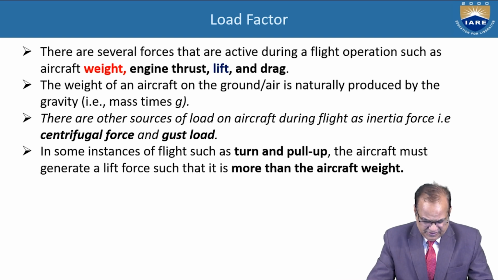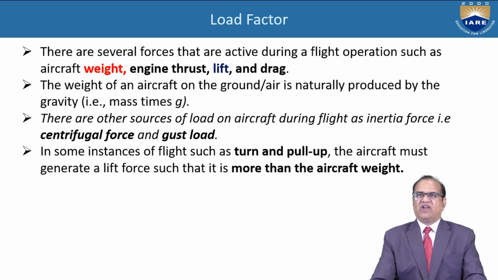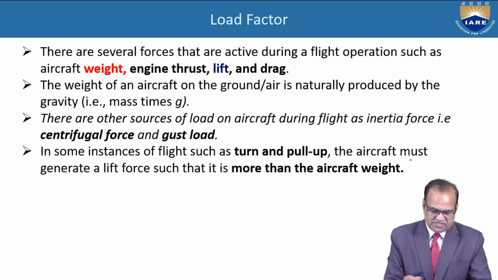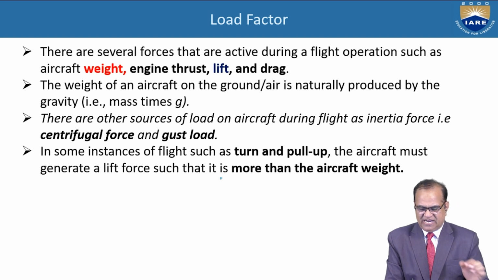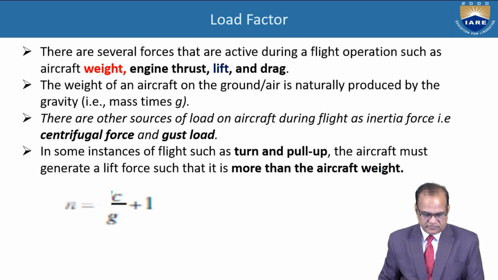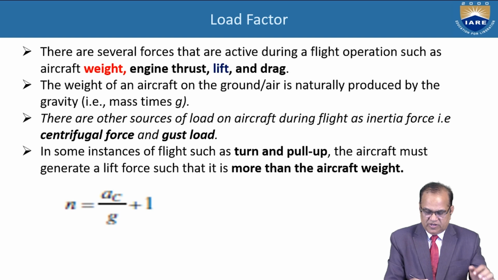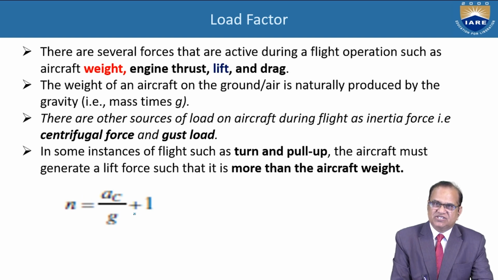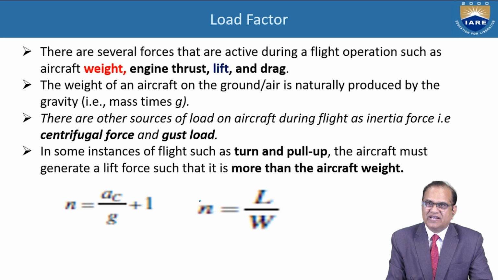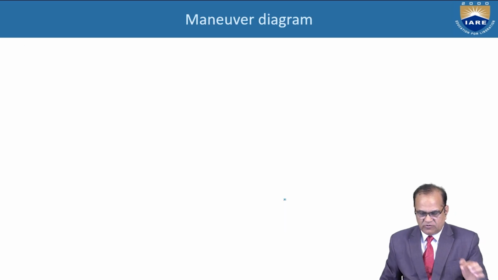In some instances of flight, such as turn and pull-up, the aircraft must generate a lift force that is more than the aircraft weight. So the load factor is equal to ac by g plus 1. Here the load factor is equal to L by W.